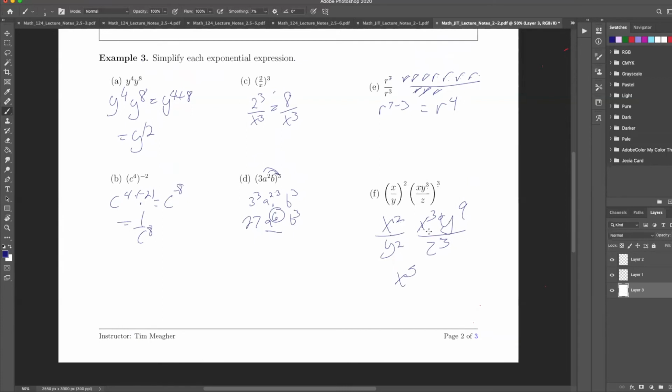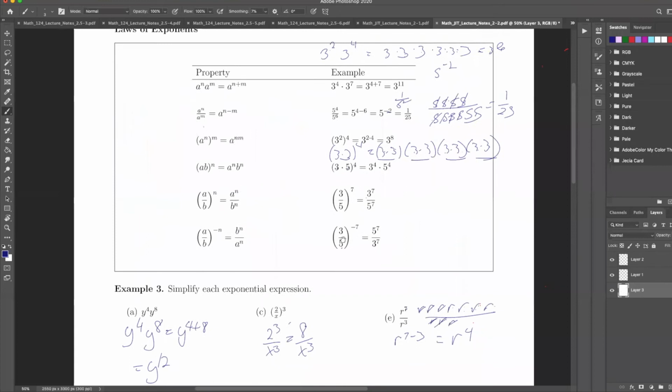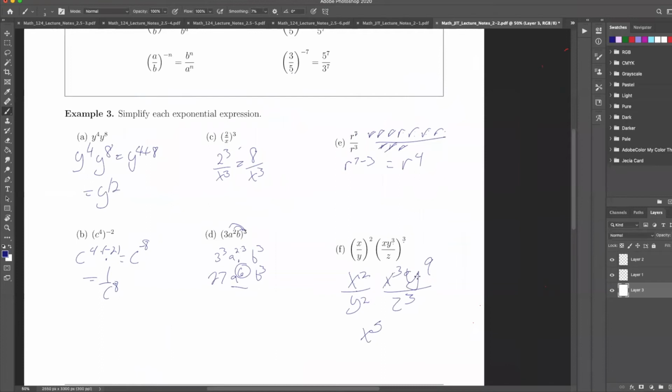Here, I have a y up top and a y down below. So I'll be using this property. And so here I'll have y to the 9th over y to the 2nd, so it'll be 9 minus 2, which gives me y to the 7th up top. And then here I still have a z to the 3rd down below.